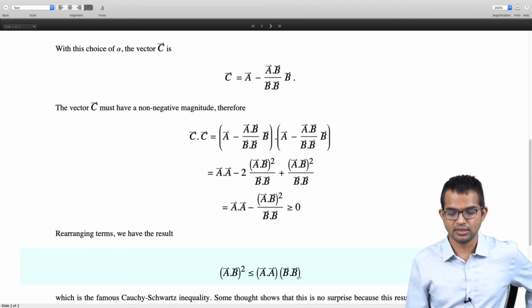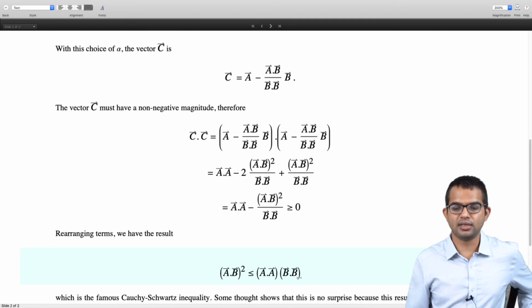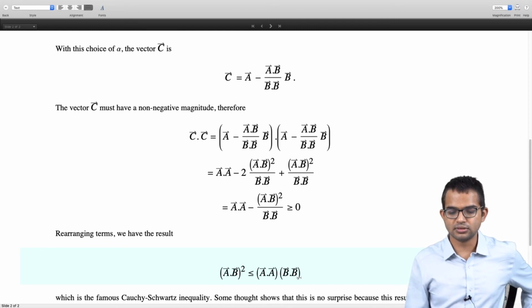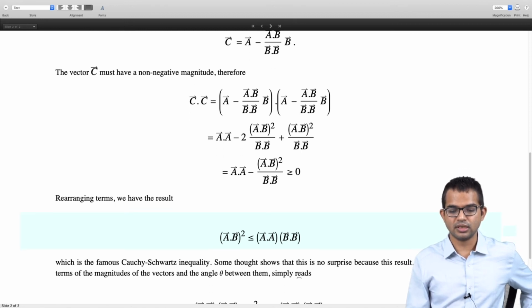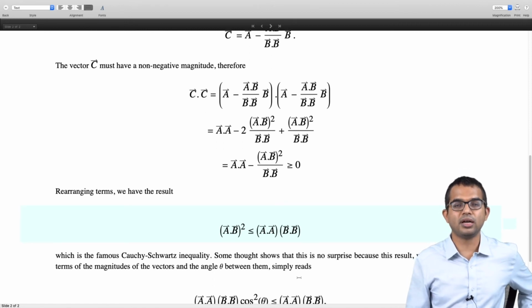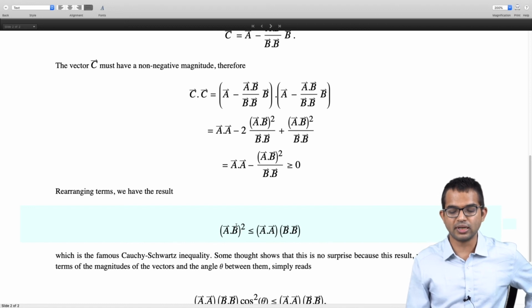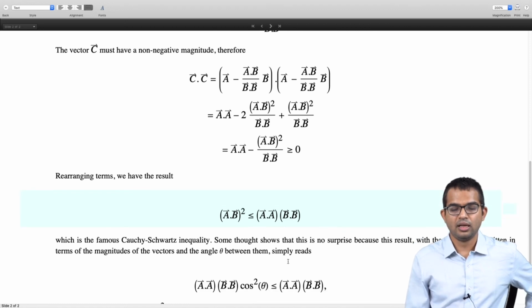This is the Cauchy-Schwarz inequality applied to the 3D vector case. But a little bit of thought reveals it seems like not at all a surprise, right? One way to think of this is to just use the cosine formula. The dot product of two vectors A and B can be written in terms of the cosine of the angle between the two vectors and the magnitudes, right?